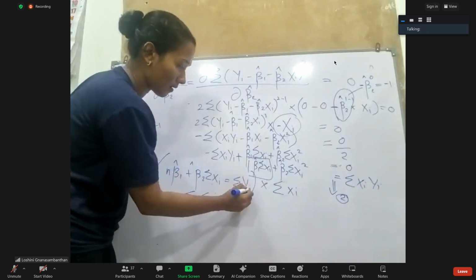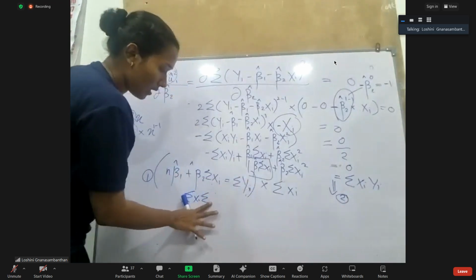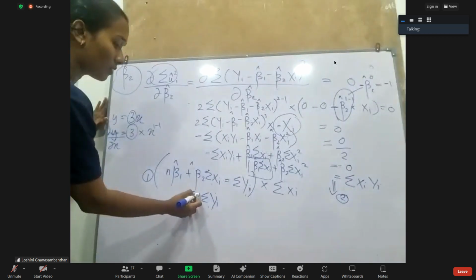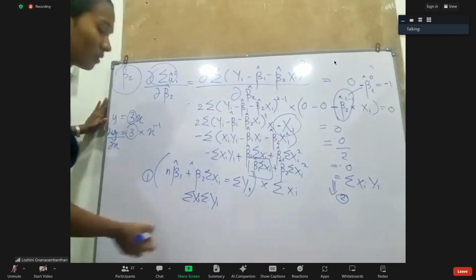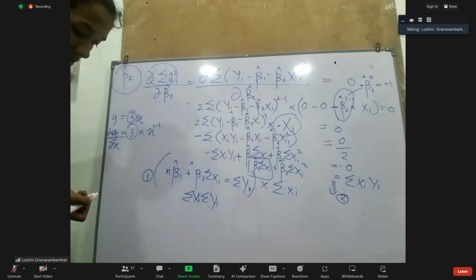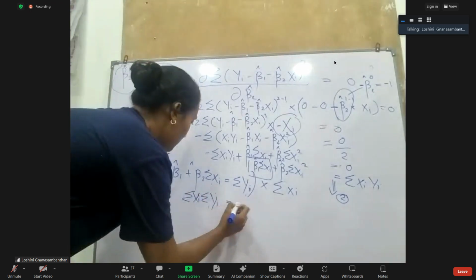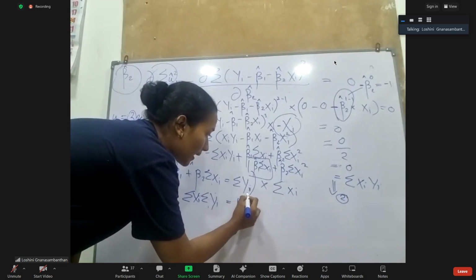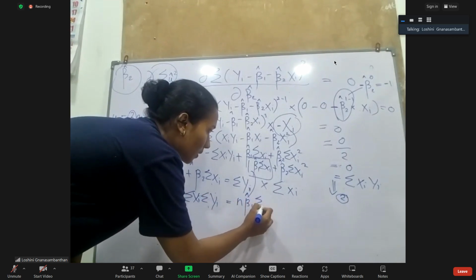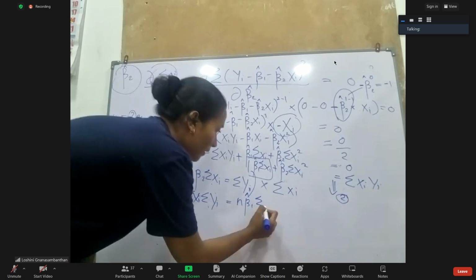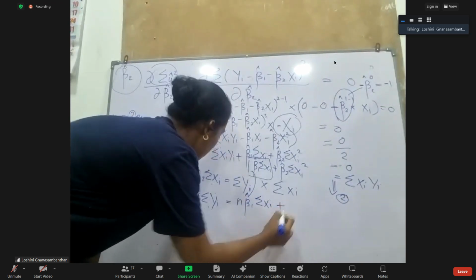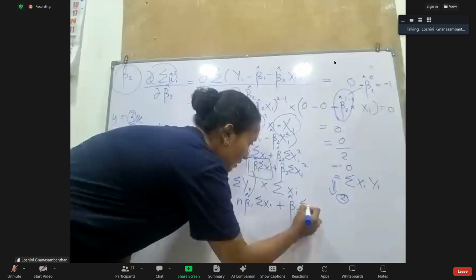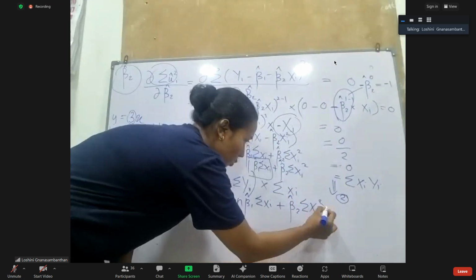The capital Y's, the small y's, those are very important. Plus n beta 1 hat sigma xi plus beta 2 hat sigma xi square.